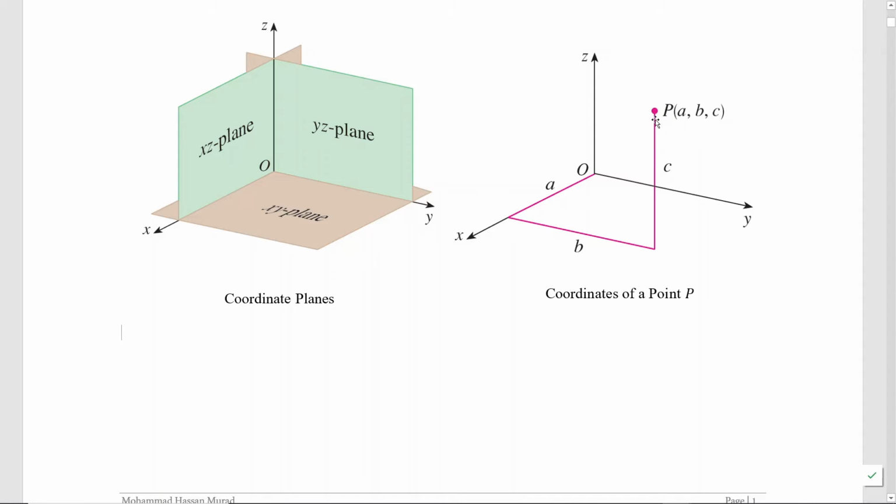We will reach the point P whose coordinates are A, B, C.